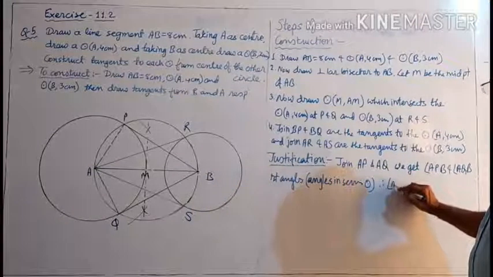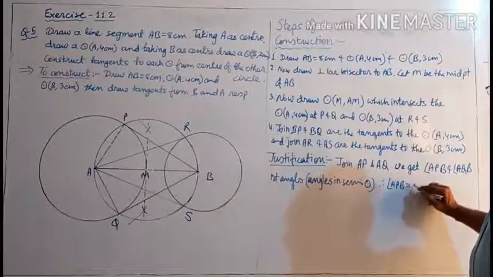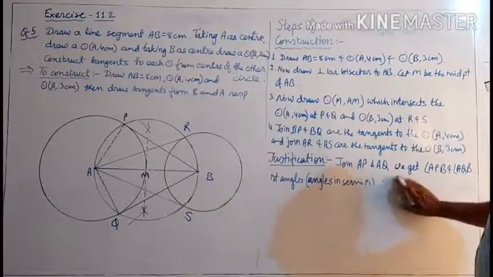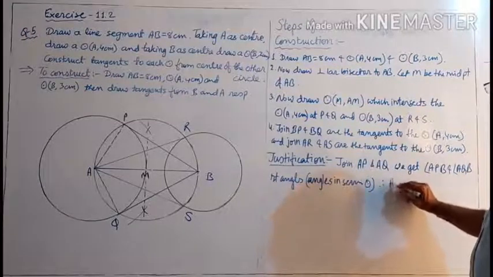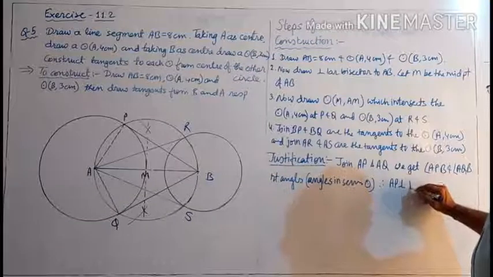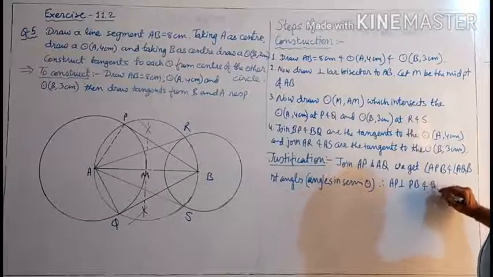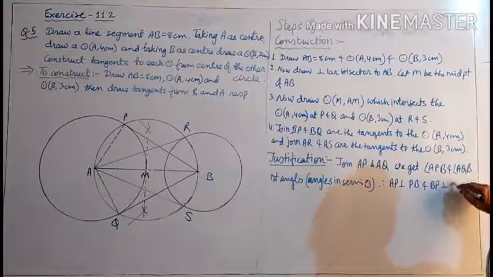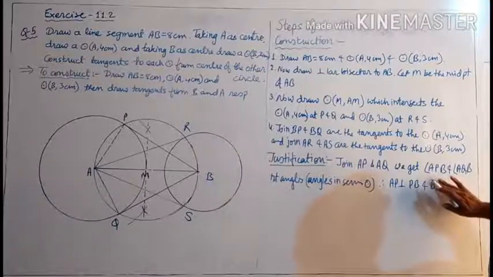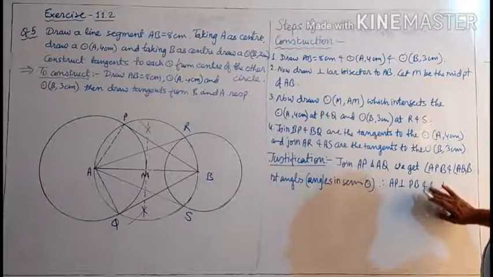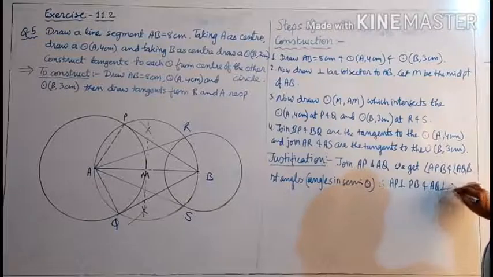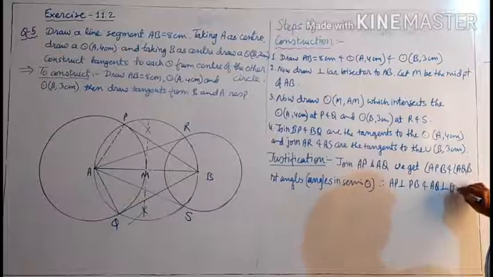Therefore, angle APB is equal to 90 degrees, they are right angles, and therefore we can say AP is perpendicular to PB and AQ perpendicular to QB.